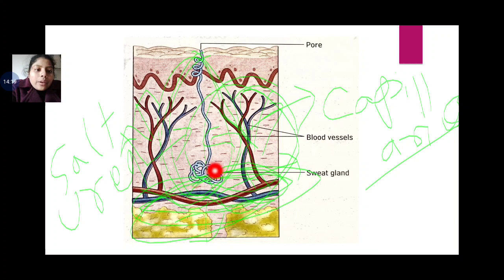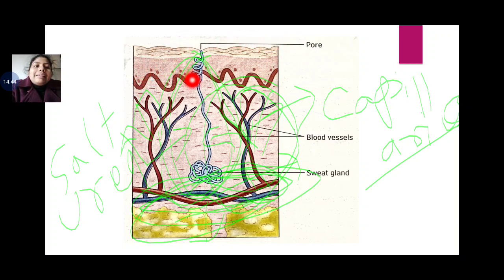So from here, the salt and urea dissolved in the excess of water comes out through this gland, through this pore, and you may feel it or see it on the surface of your skin. We all see it on the surface of our skin.